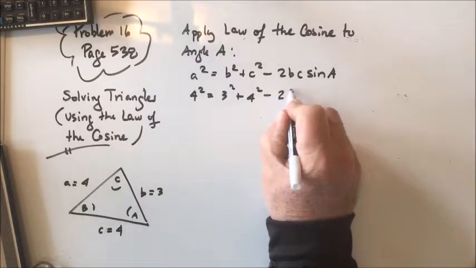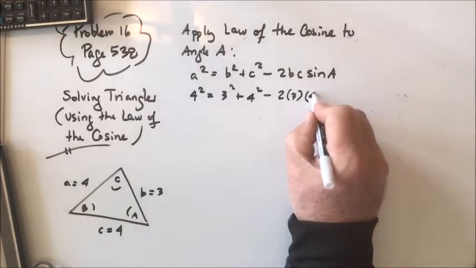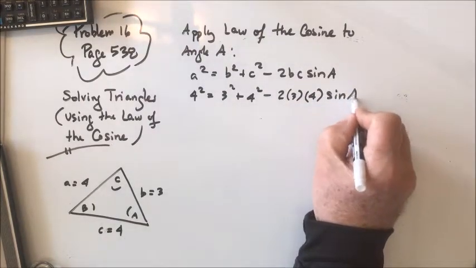B is 3 and C is 4, and there's the cosine of A.